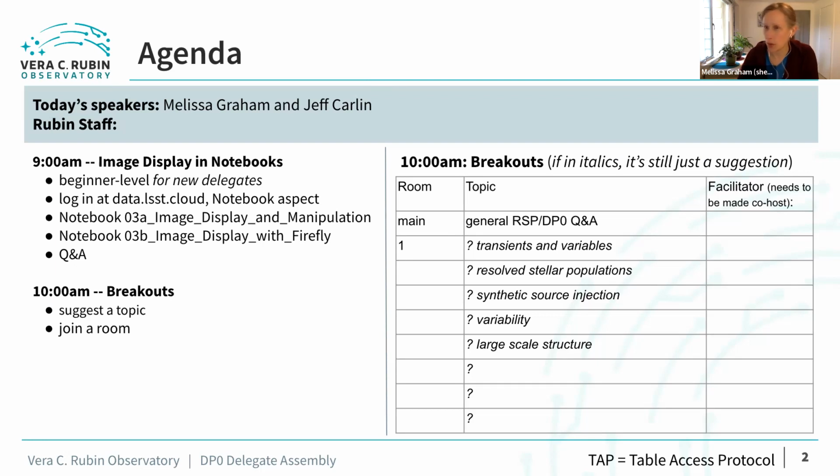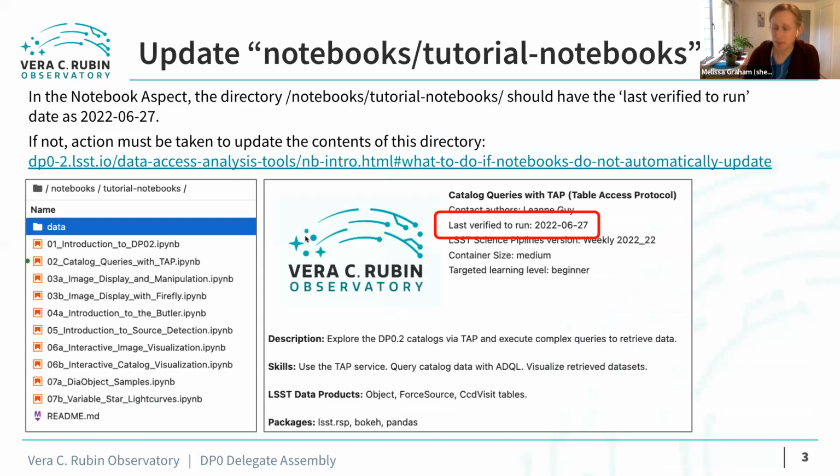And also as a reminder, if you were with us for Data Preview 0.1, so you're a returning delegate, your notebooks/tutorial-notebooks directory should have updated with all of the newest versions of our tutorials when we updated them. But in some cases it might not. You might have an issue with Git in that directory.